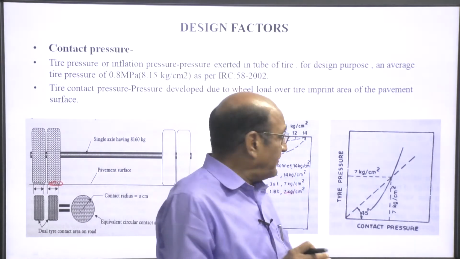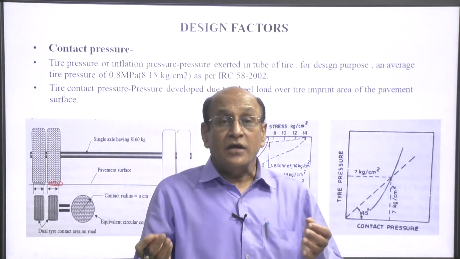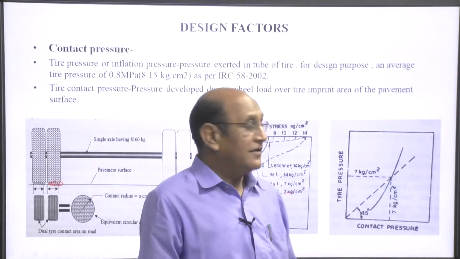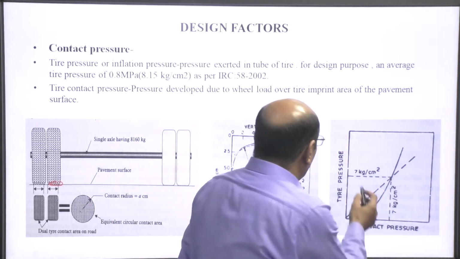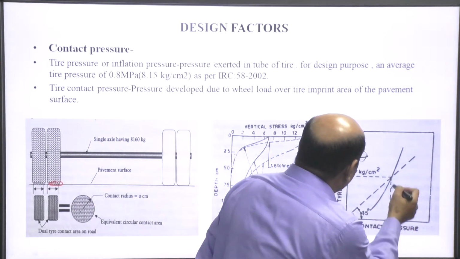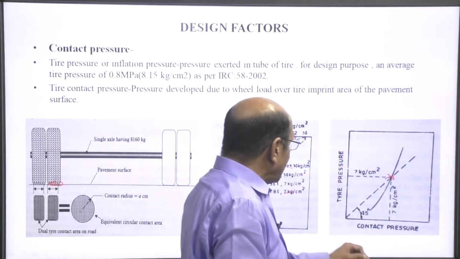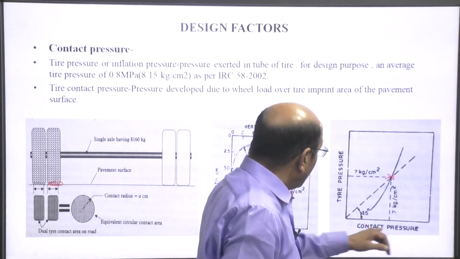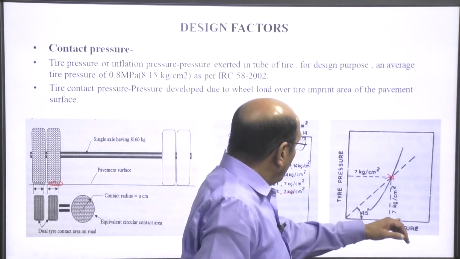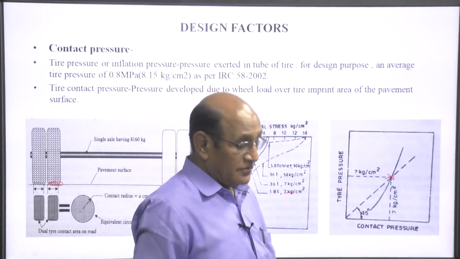So, the contact pressure may be higher or lower depending on the pressure in the tire. See here, this is the 45-degree line. Here 7 kg is the point where tire pressure and contact pressure will be the same. Below that the contact pressure will be lesser as compared to the tire pressure.